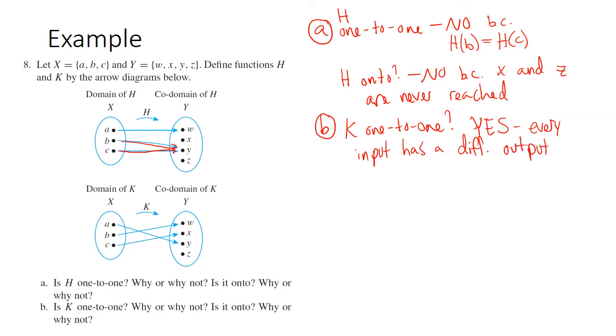So there are no pairs of arrows that are going to the same outputs. And then the other question is, is k onto? Does every element in the codomain of k get reached by some arrow? No. So Z is never reached.